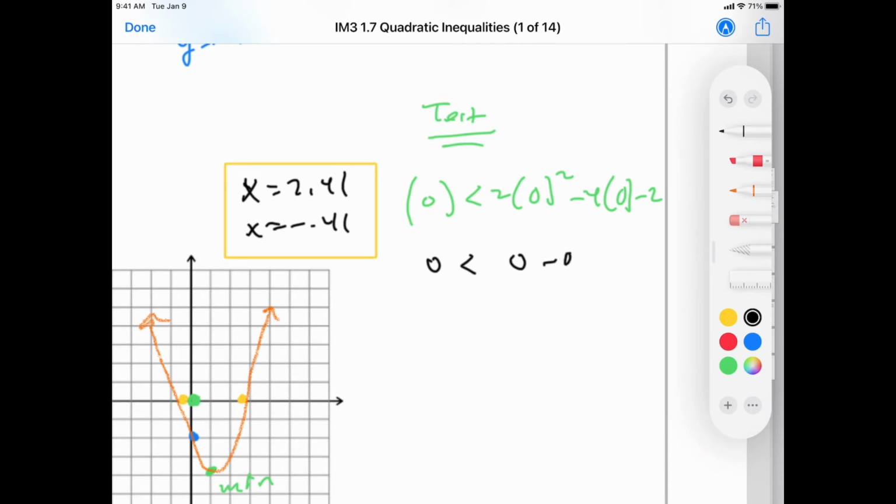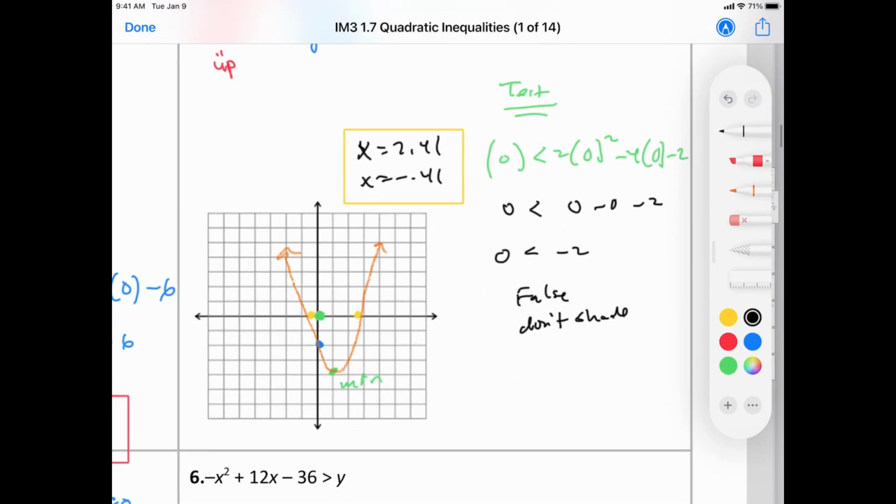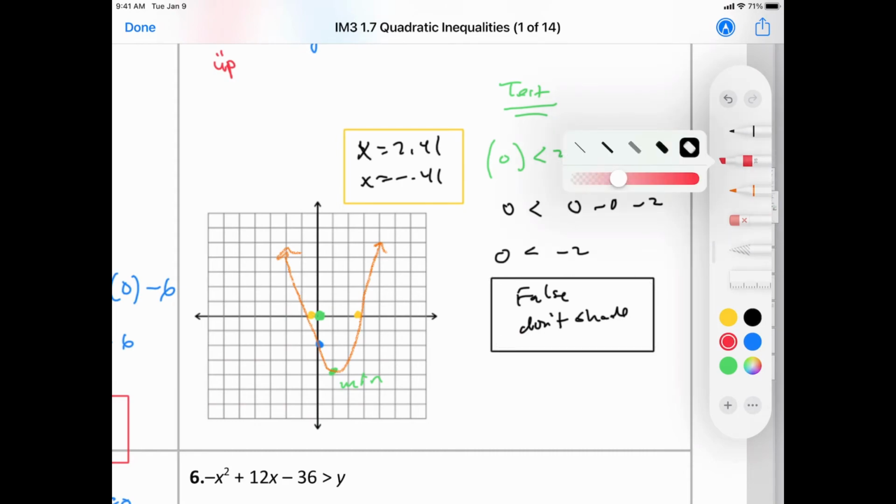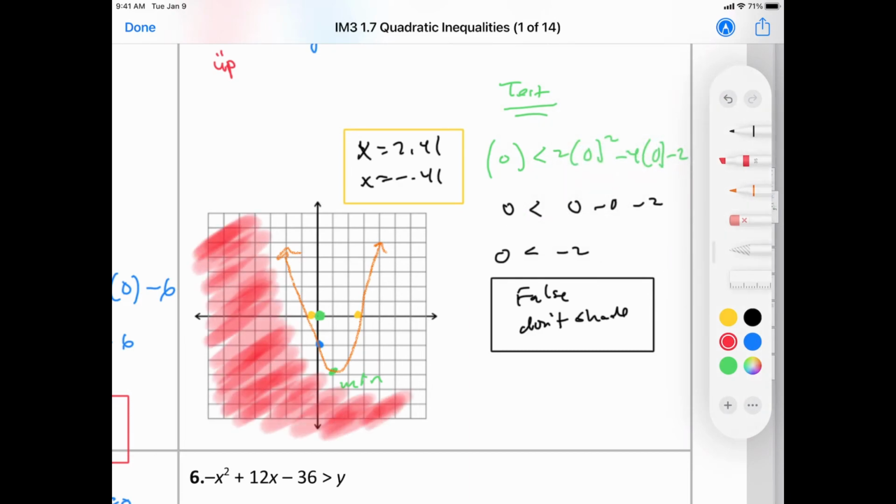Do you see why we're using the origin? 0 is less than -2. This would be false, which means don't shade (0, 0). Don't shade (0, 0) means I'm going to shade everything else. Don't shade where the test point was.